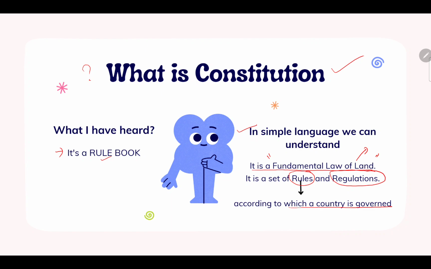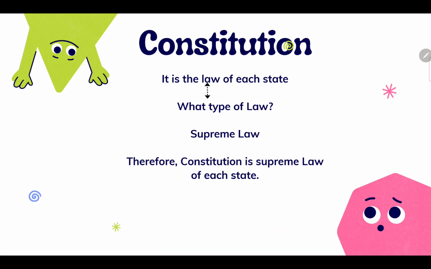There will be a set of rules that we need to follow, because with these rules only a country is governed. So it's very simple. Constitution is a fundamental law of land, a set of rules and regulations, according to which a country is governed.